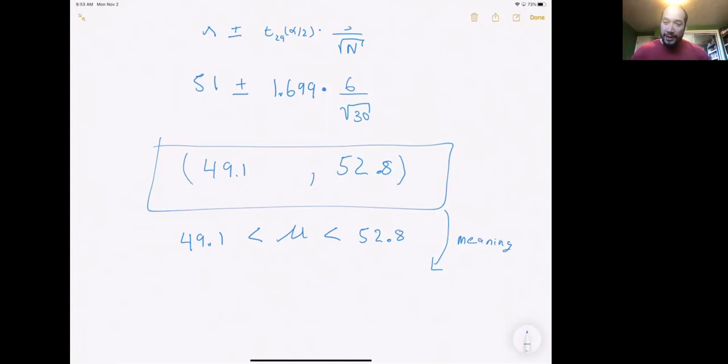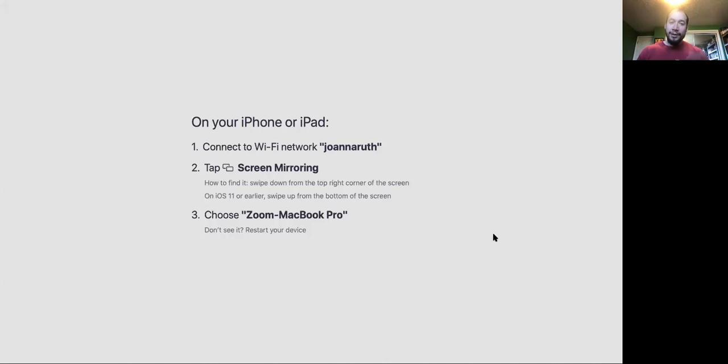The reasoning behind that is that every time you take a different sample, you're going to get a different mean and a different sample standard deviation. So the interval itself is random, not the actual mean.